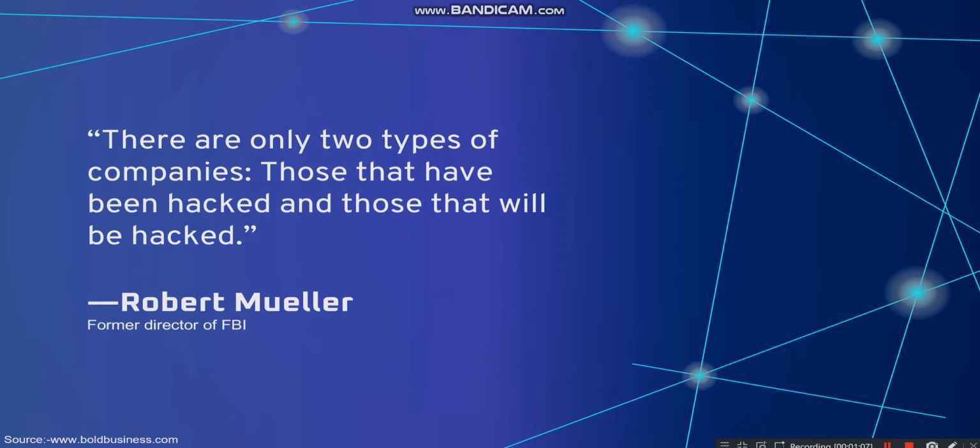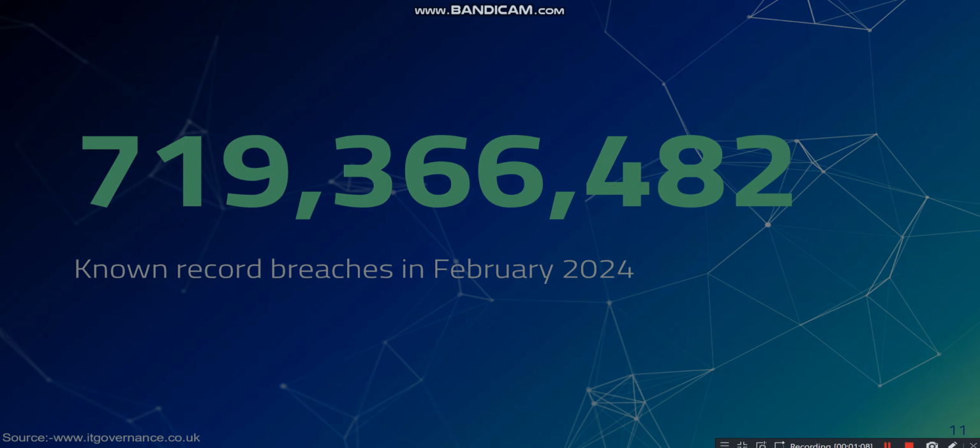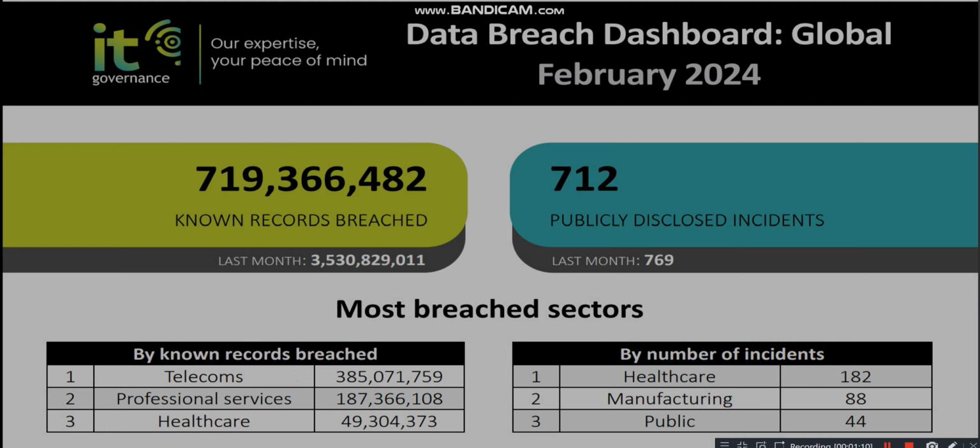These are the numbers of known security breaches in February 2024. That's quite a big number, and I think no company wants to be in it. That's the official report of IT Governance. You can see a lot of industries are affected by security incidents, including healthcare, manufacturing, telecom, services, and I think every company.